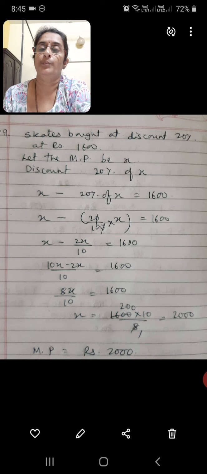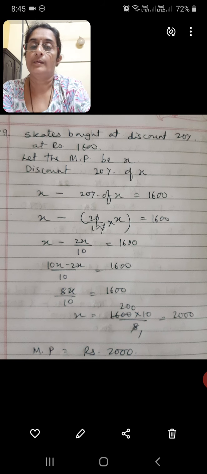Now let the mark price be X and the discount 20%. For the discounted price, from the mark price, if you subtract the discount, you will get the discounted price. So here the mark price is X. From that 20% of X we have to subtract, you will get 1600. When you do the calculation, 20% of X gives you 2x upon 10.